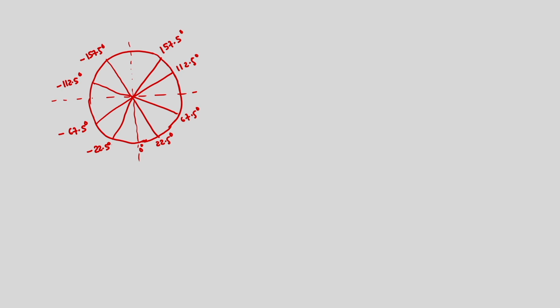After this, suppose I am considering one edge. Suppose my edge is like this, and corresponding to this edge, the normal to the edge is this. So this is my edge and this is the normal to the edge, that is the edge normal.